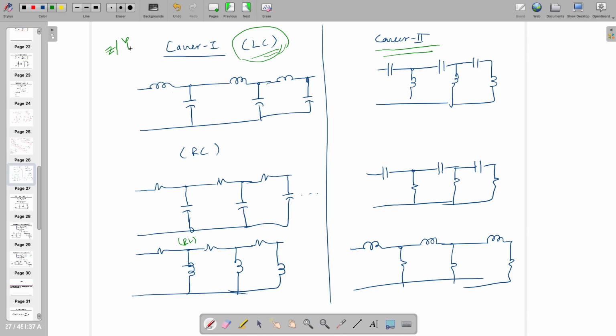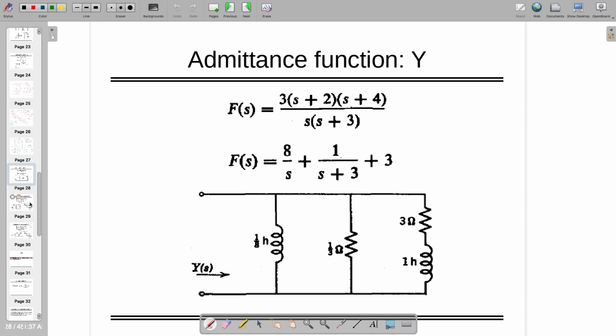If you can get such a diagram with impedance or admittance, they will be known as coil 1. If you are getting these diagrams either considering impedance or admittance, they are considered as coil 2. Yes, if it is not told to you what you have to do, right?